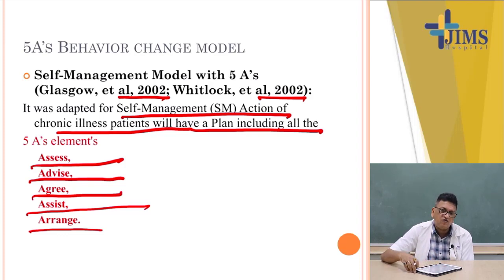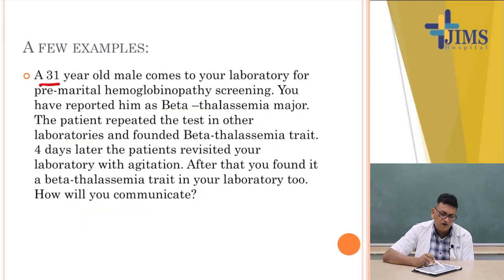Then you see here, one question is there; you have to plan accordingly how you communicate to the patient. This is a one-act play. A 31-year-old male comes to your laboratory for a premarital hemoglobinopathy screening before getting married. You have reported him as beta thalassemia major. Beta thalassemia major, you know that.